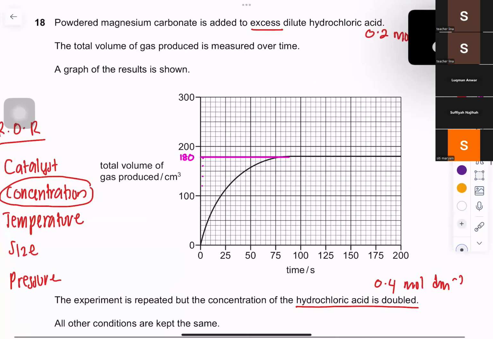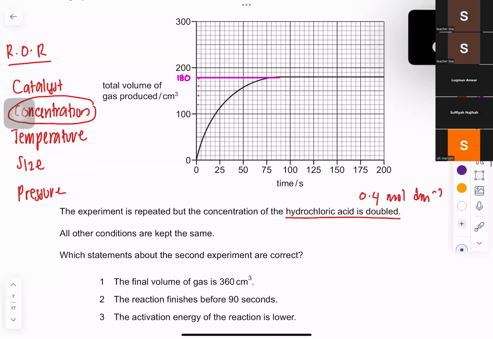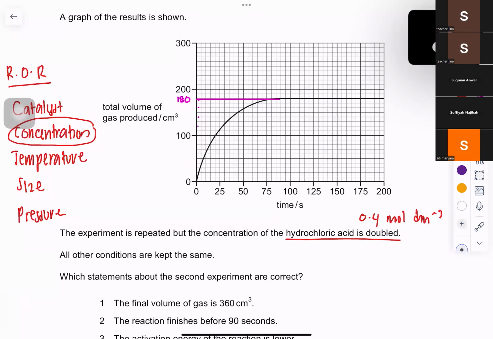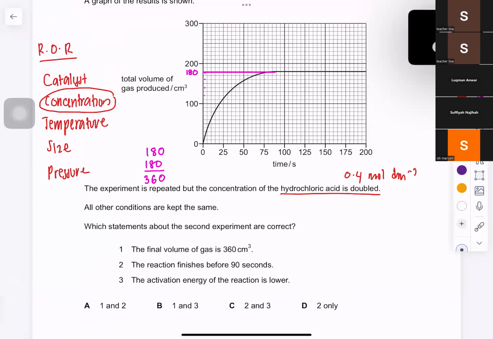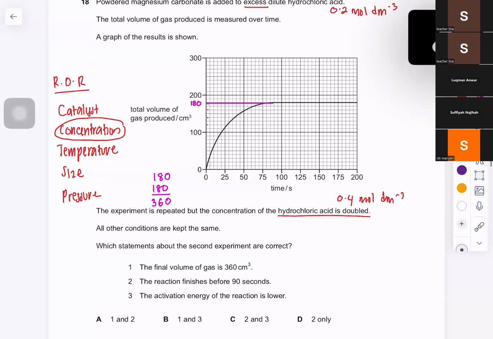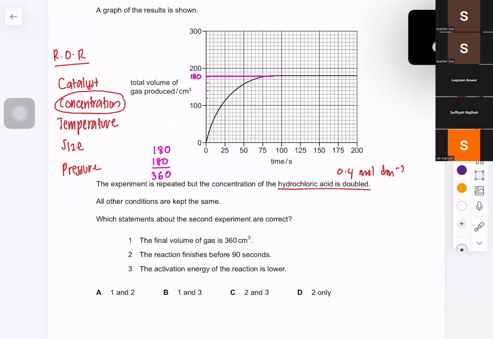Kalau dia set that double, 180, double is 180, then 360. Hmm, 360. Okay. Check maybe kita check balik. Okay. The final volume 360.